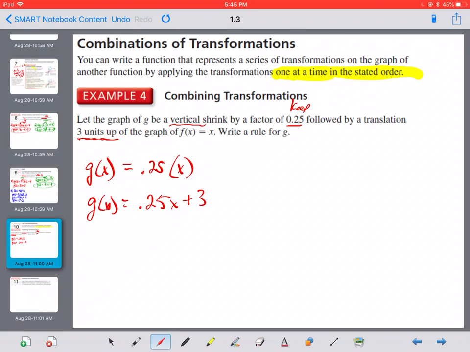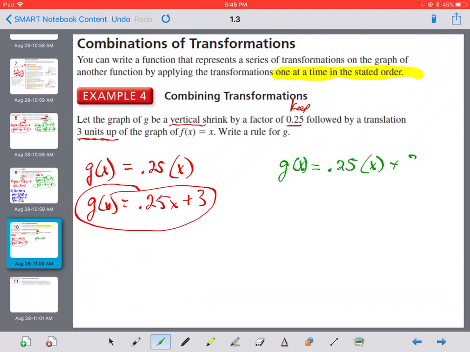Okay, so we're going to put plus 3 units back there, and we simplify what we can, and there's nothing left. So it goes right here. Now you could do it all in one move. You could say G of x is 0.25 times the x, and then add the 3 all in one line. Because of PEMDAS, the multiply has to come first, and then the add comes second.